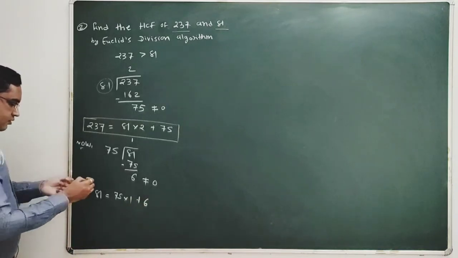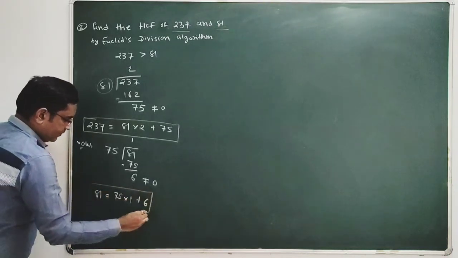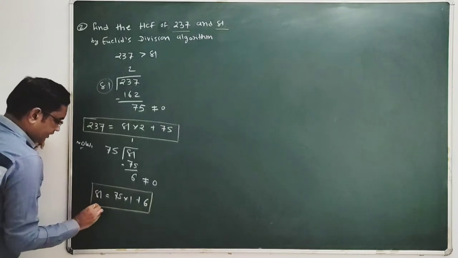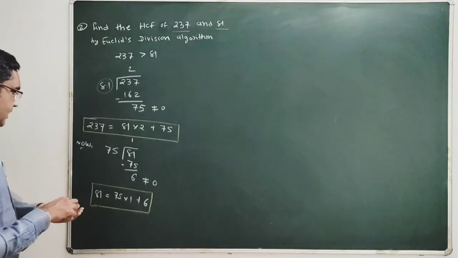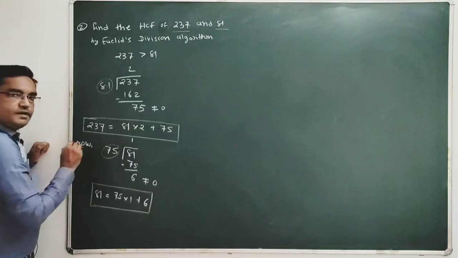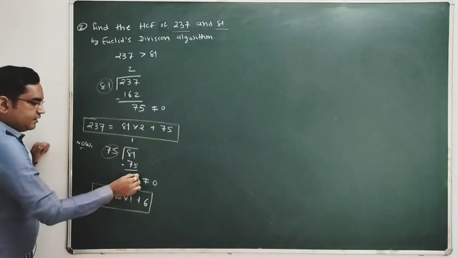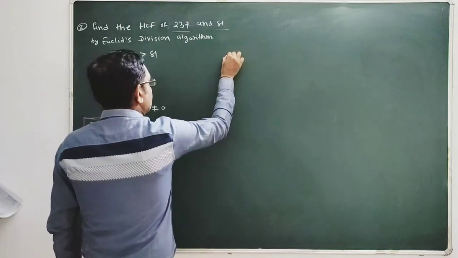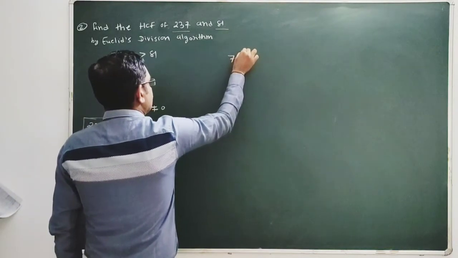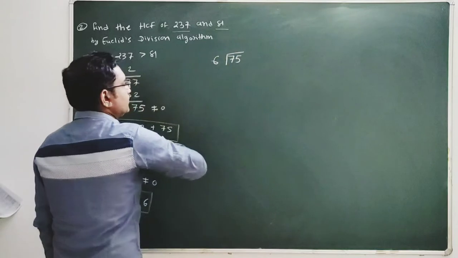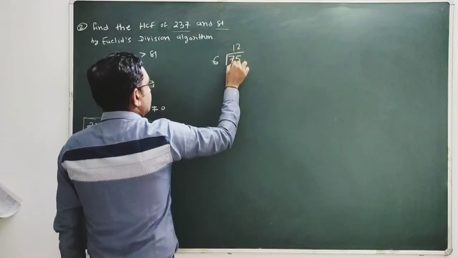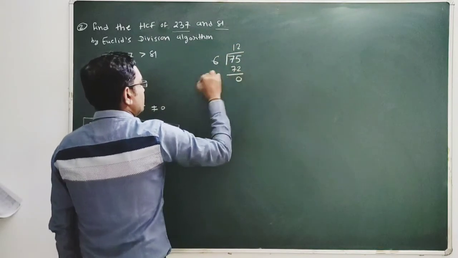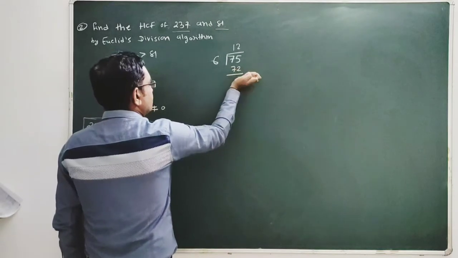As the remainder is not 0, again we have to apply Euclid's division algorithm by considering this 75 as the dividend and this 6 as the divisor. So 75 divided by 6, 6 12s are 72, remainder is 3.